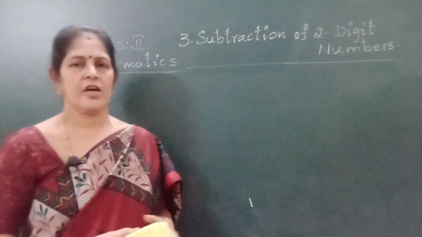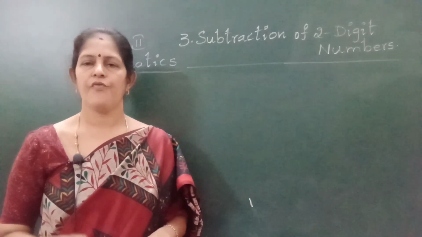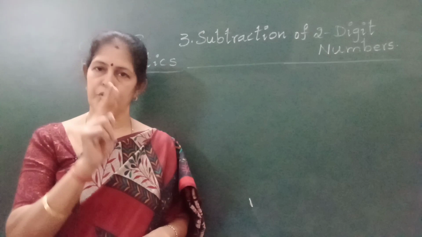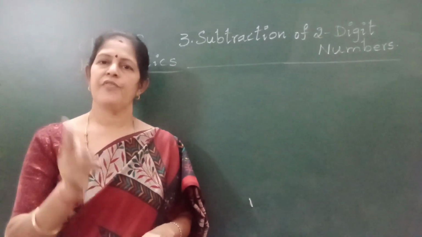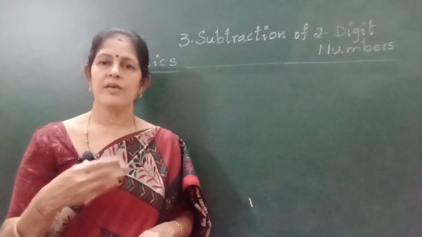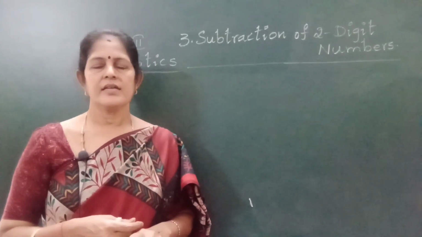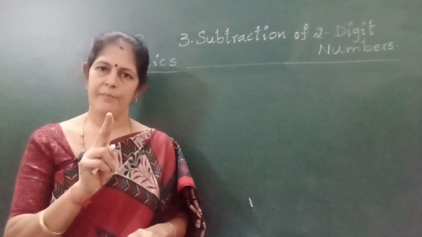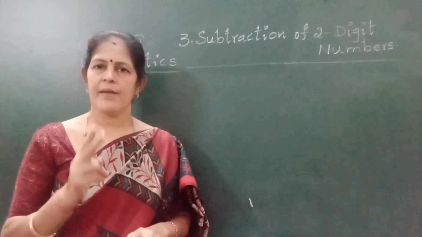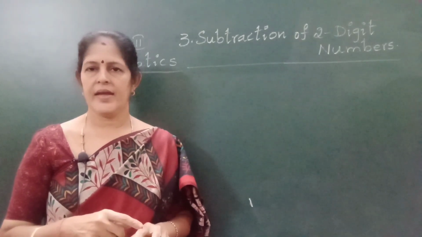In this chapter you already learned subtraction of 1-digit number from 2-digit number, 2-digit number from 2-digit number without regrouping. Next, subtraction of 1-digit number from 2-digit number, 2-digit number from 2-digit number with regrouping.